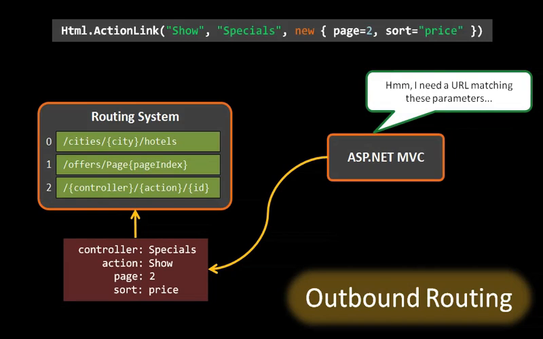The routing system again starts at the top of its configuration list and iterates down until it finds the first configuration entry that could generate those route data values. And once it's found one, it uses that pattern to construct the URL, and if you provide any extra unused parameters, it appends these unused parameters to the query string, so they could later be mapped back to action method parameters. And finally, ASP.NET MVC uses that URL when rendering the link tag.